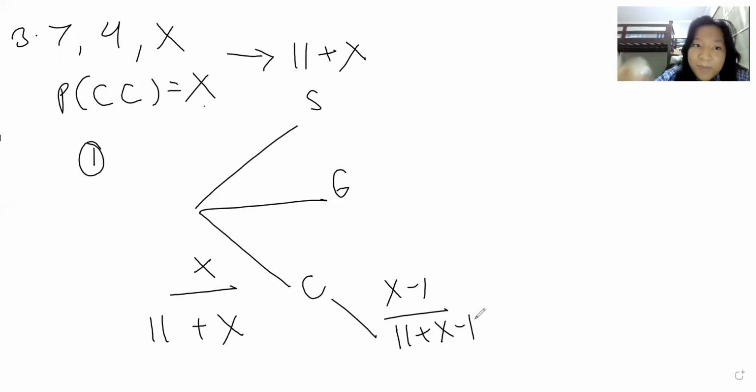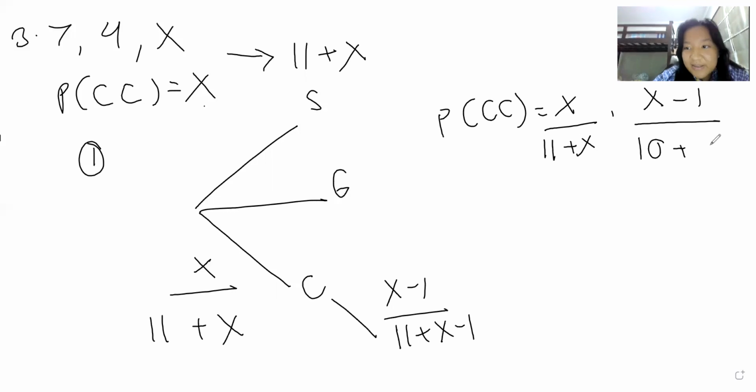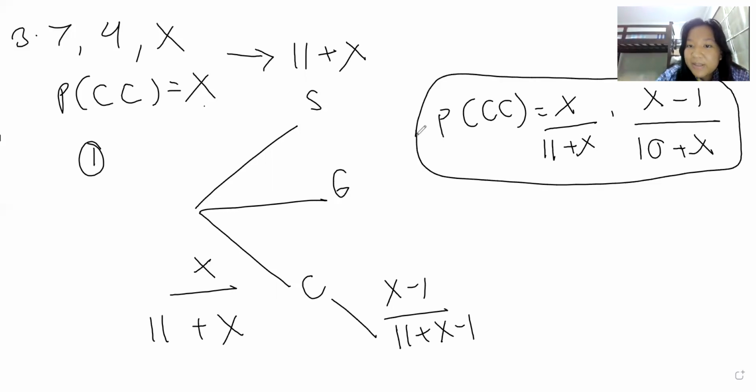So the probability of getting both coppers is X over 11 plus X times X minus 1 over 10 plus X. This is the answer for the first part. Okay, I hope that's clear.